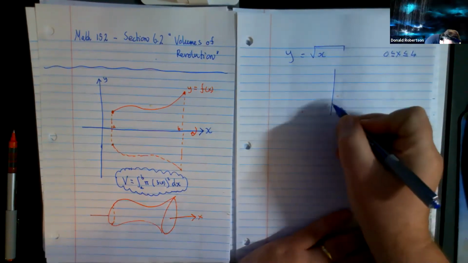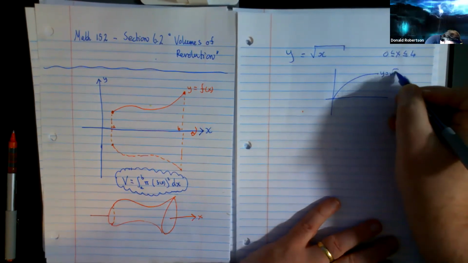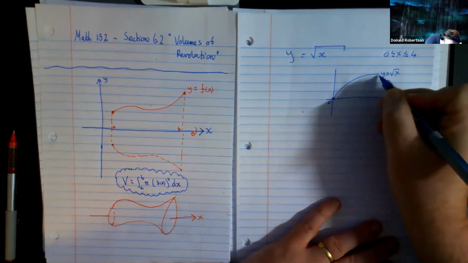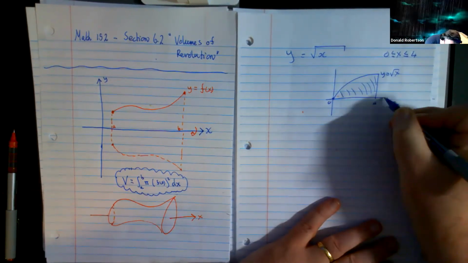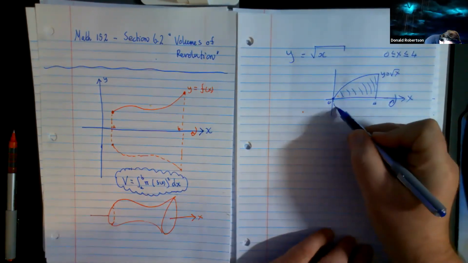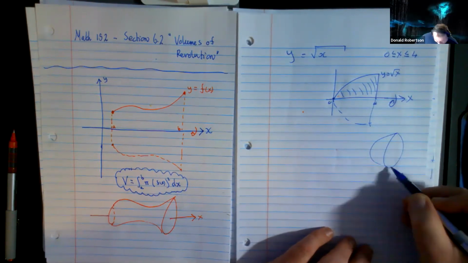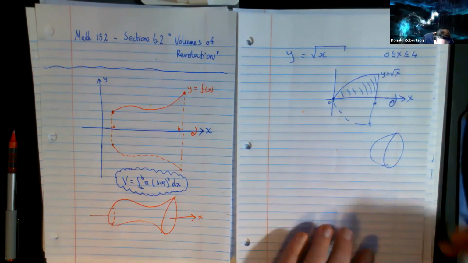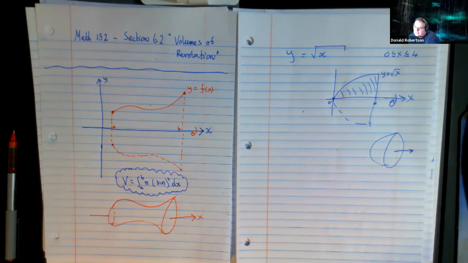Square root of x looks like that, starting at 0, finishing at 4. Can you imagine you rotated that shape about the x-axis? It would look probably something like that. A bit like an acorn.